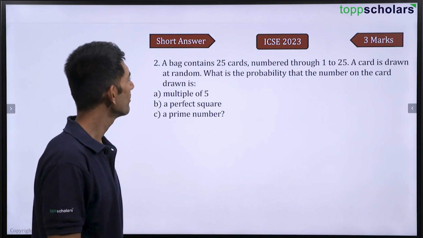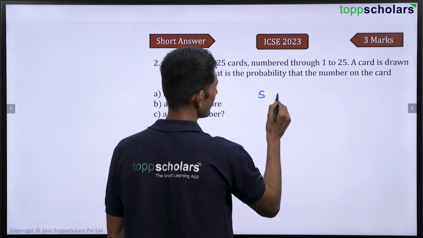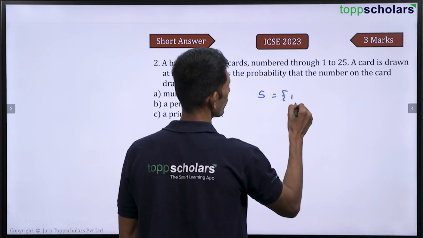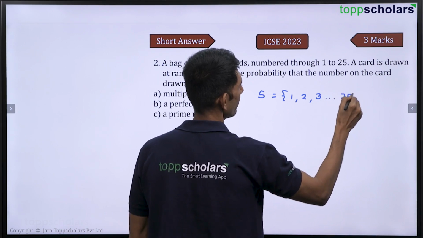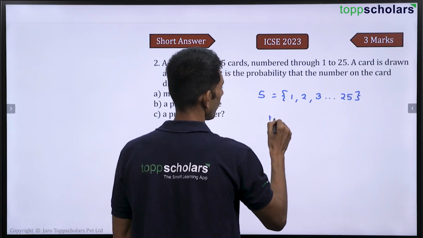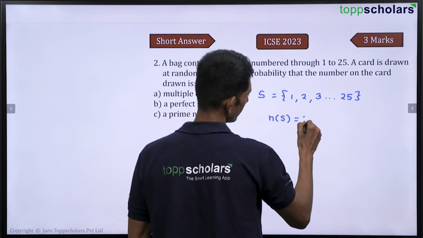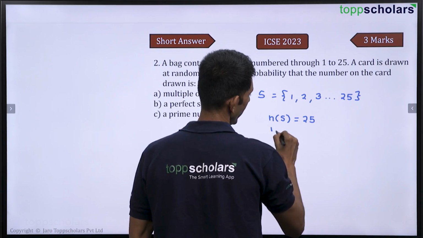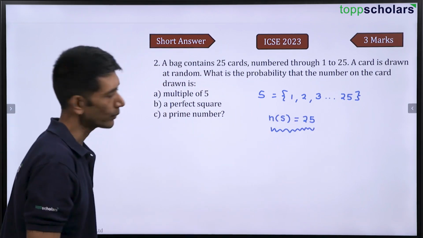It says a bag contains 25 cards. So the sample space will contain all the numbers from 1 to 25. So 1, 2, 3, up to 25. So can I say the number of elements in the sample space are going to be 25, correct? Number of elements are 25.